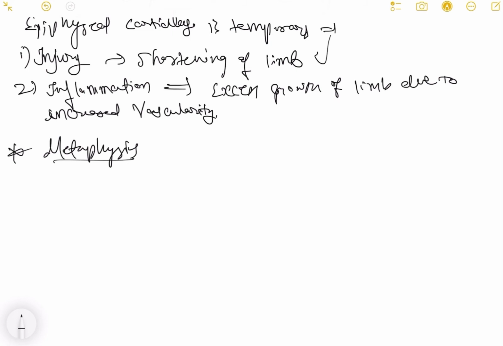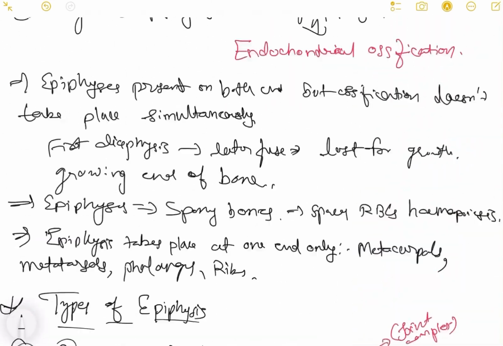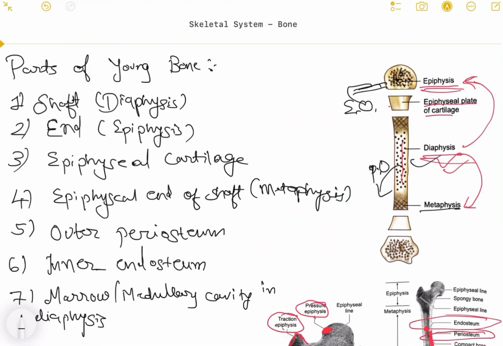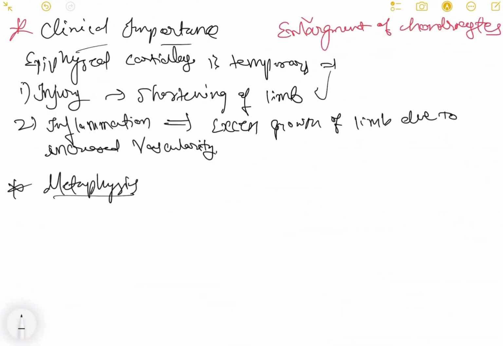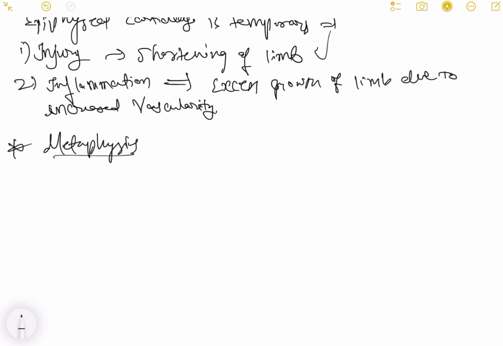metaphysis, which is the end. You can see this one, epiphyseal end of cartilage is metaphysis. So if we talk about metaphysis, it is the epiphyseal end of diaphysis of long bone, where epiphyseal cartilage is present.